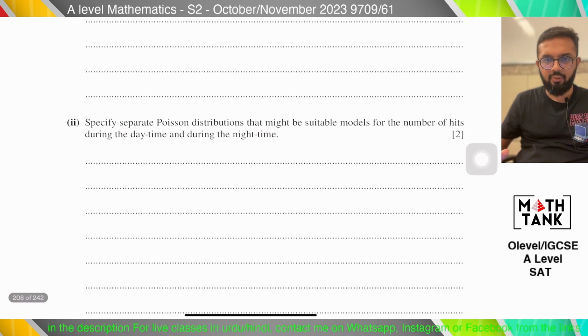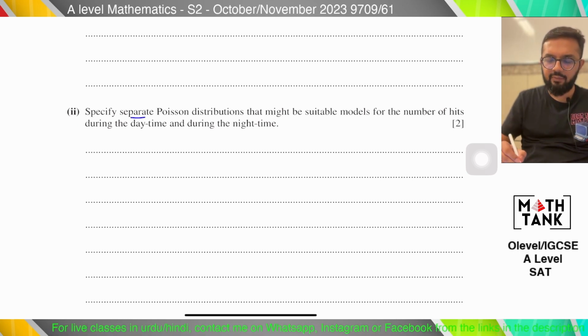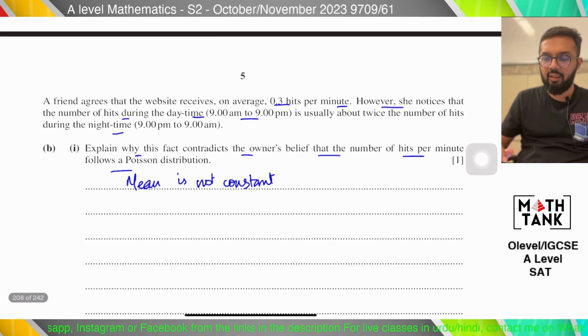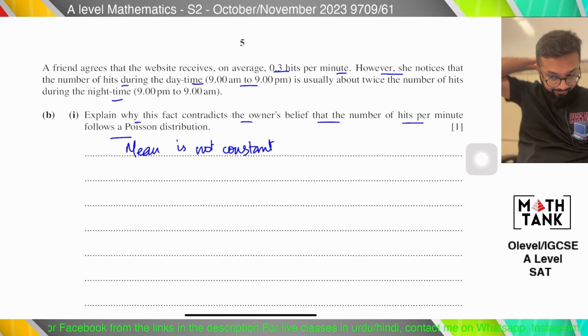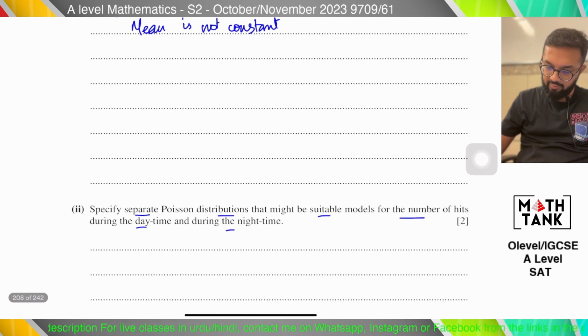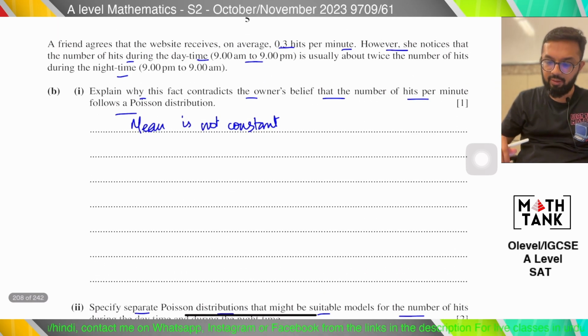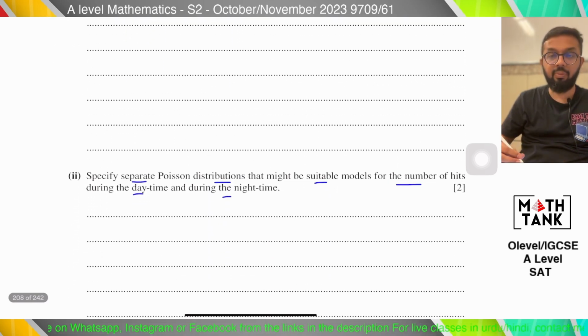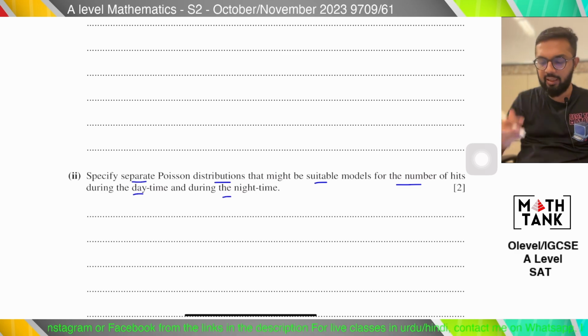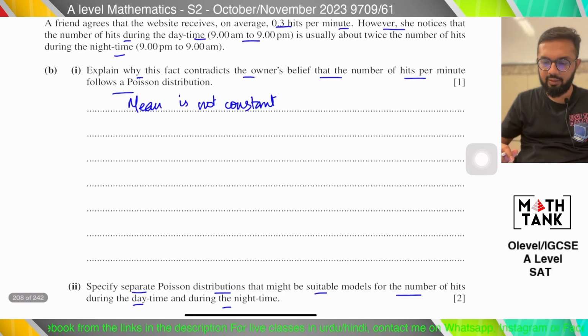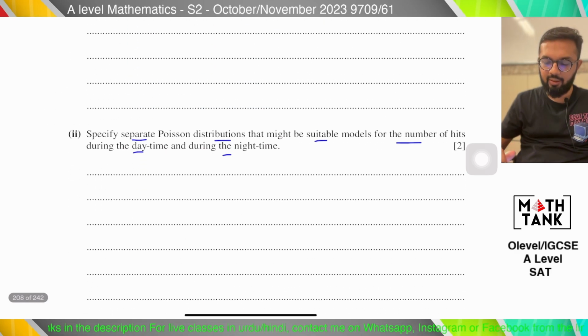Okay, then it says specify separate distributions that might be suitable models for the number of hits during the daytime and during the nighttime. Now I'll need separate Poisson distributions, but I'll have to calculate the number of hits per minute for both daytime and nighttime. I know that the number of hits from the daytime is twice that of the nighttime.